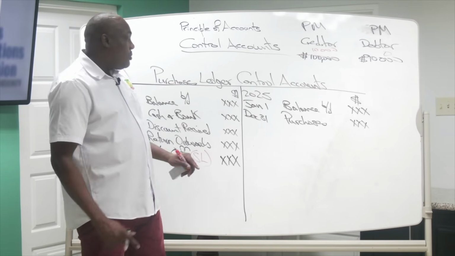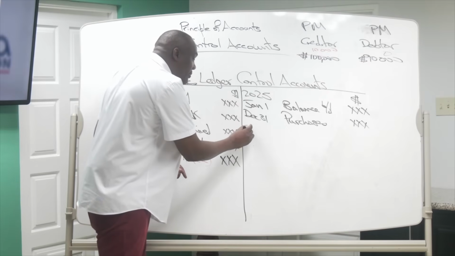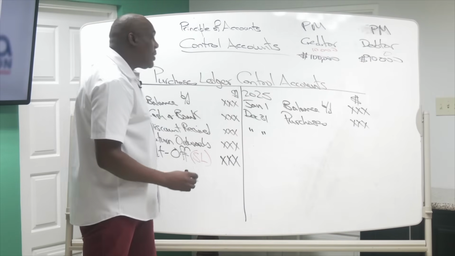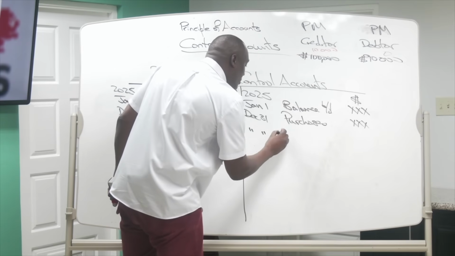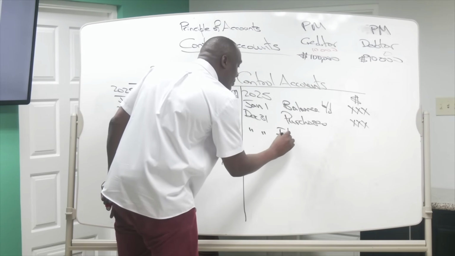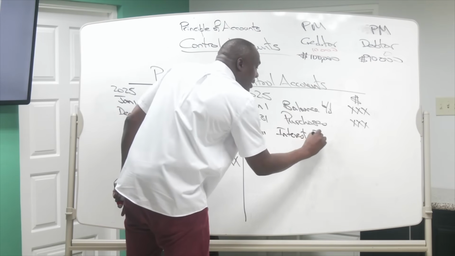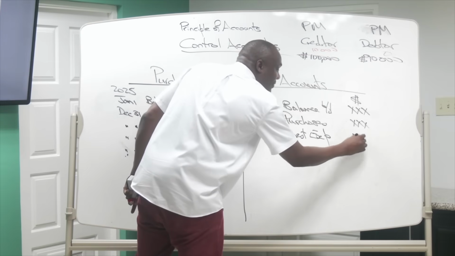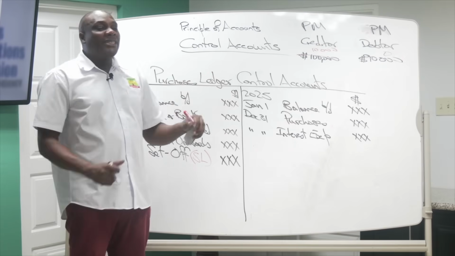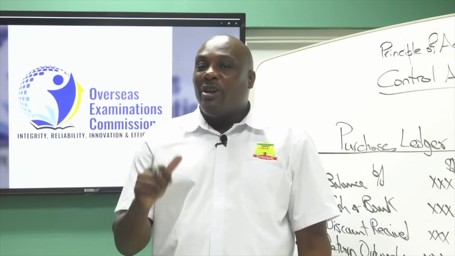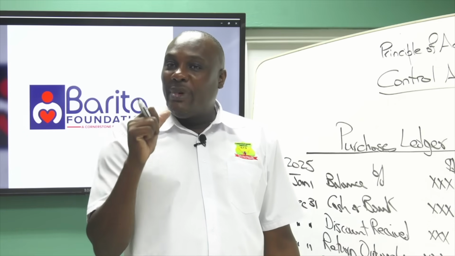Now, moving on to the other one, where we're going to have interest expense. Now, interest expense, students, is where the supplier charges us, the business, for not paying on time, not meeting our obligation.